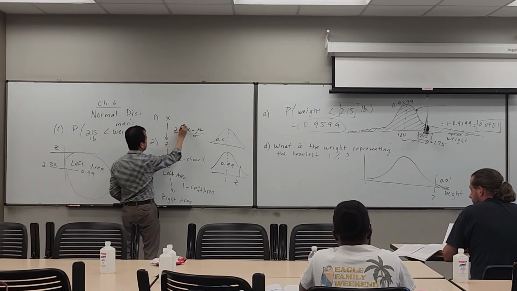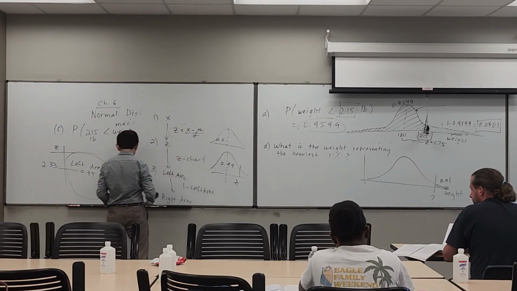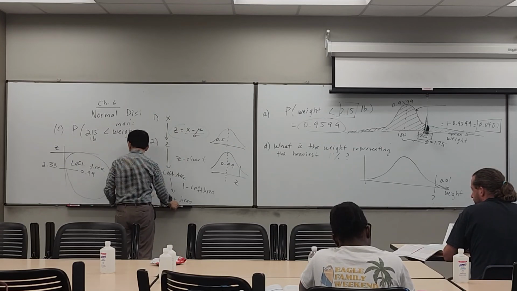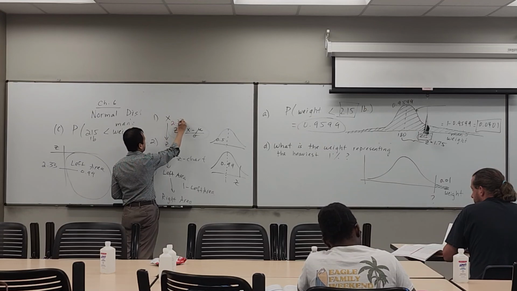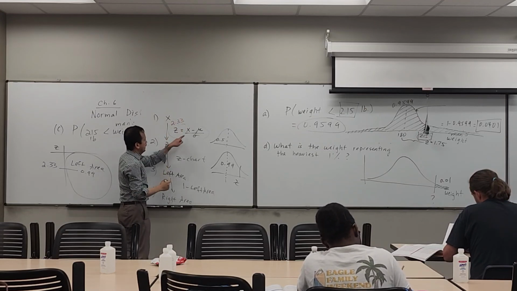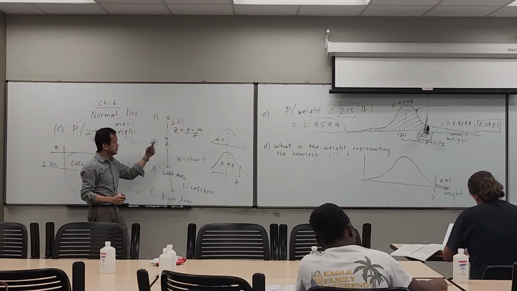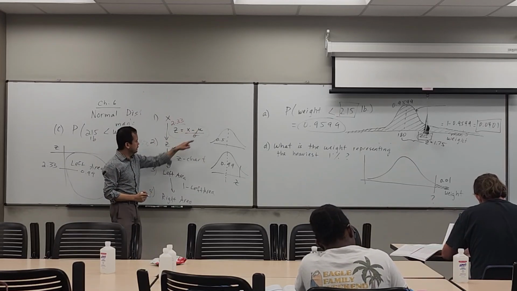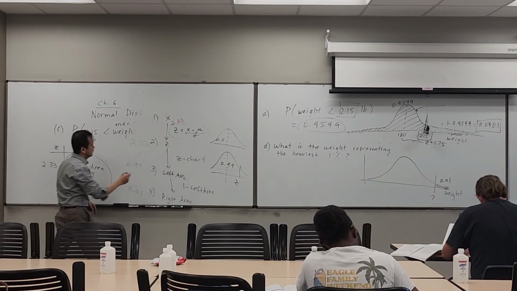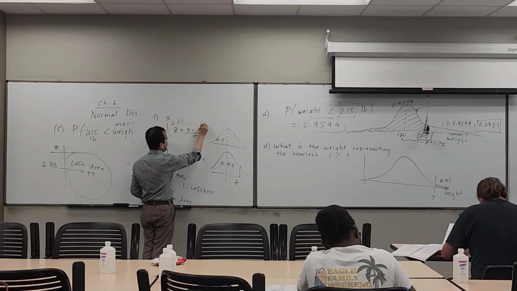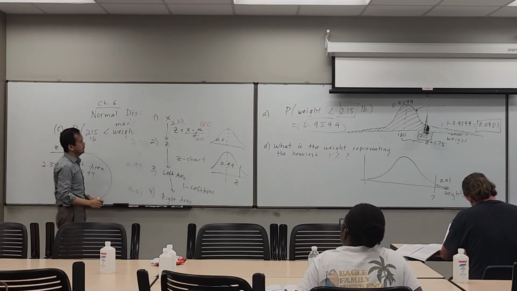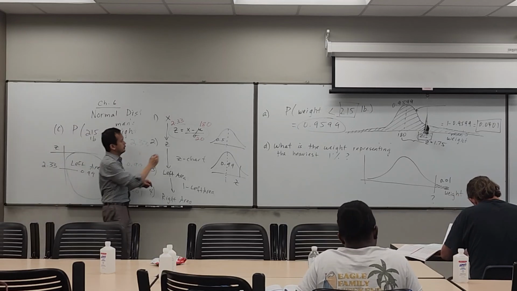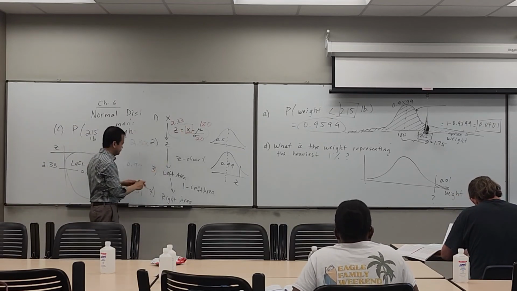In the z-score formula, we know 2.33 for the z-score. Then x is the data point we're trying to find, so we don't know that yet. The mean we know to be 180, that's given, and the standard deviation is 20, also given. So now all we have to do is solve for x.